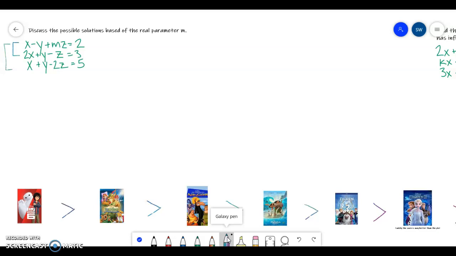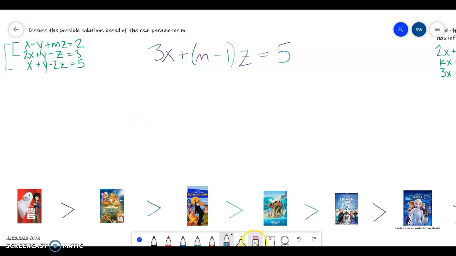If I add the first two, I'm going to have 3x plus m minus 1 z equals 5. I just combined this term and this term, factoring out a z.